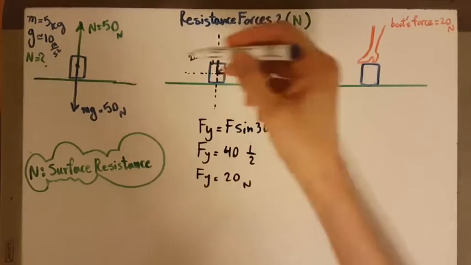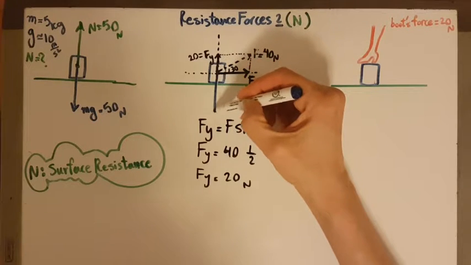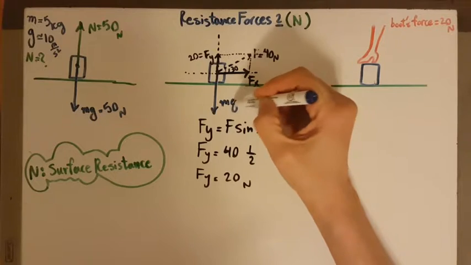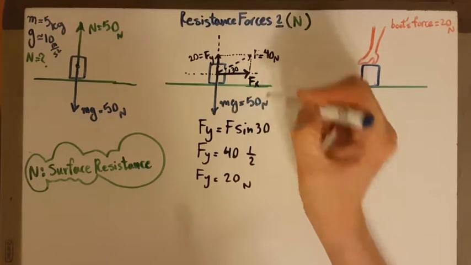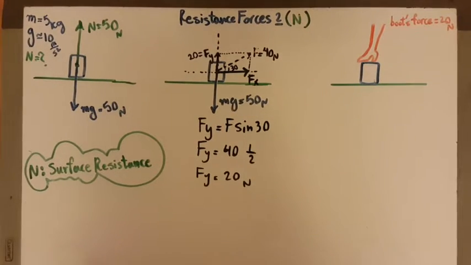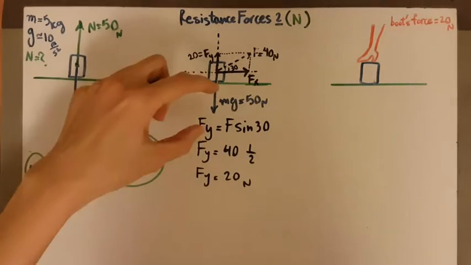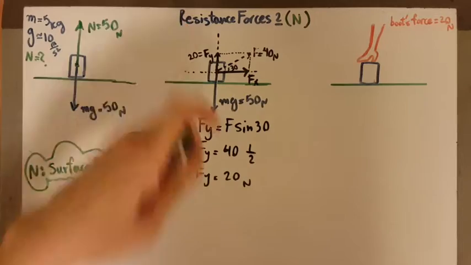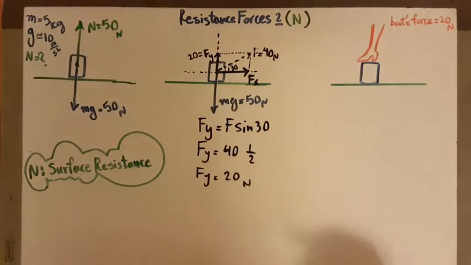The mg we know is 50. We calculated before. The mg is 50 newtons. How much N needs to appear here? How much resistance should the surface show? In order to cancel this 50, only 30 newtons is enough, because 20 is already applied, pulling it up.